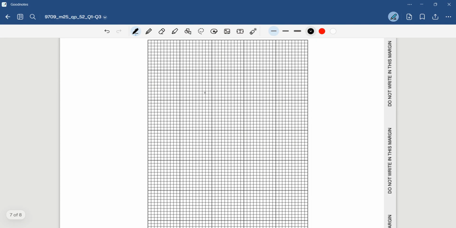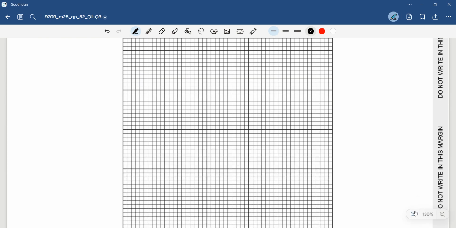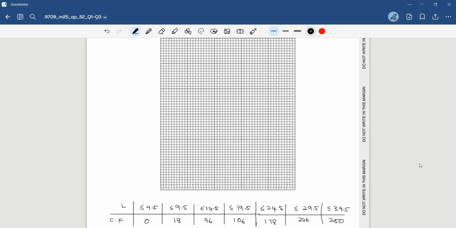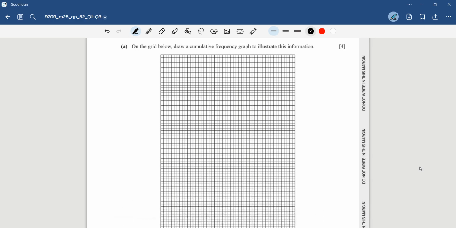Now we're going to use the grid, maybe I make it a bit smaller. Okay, done. So you can draw the grid.